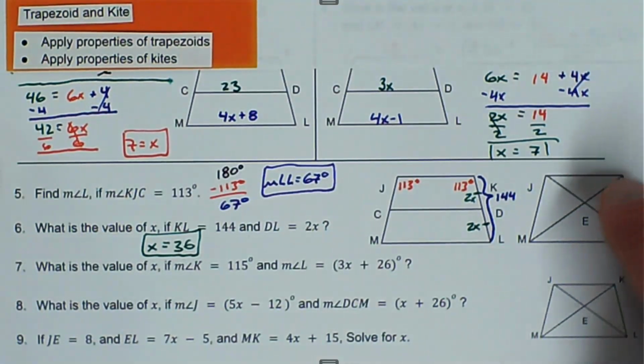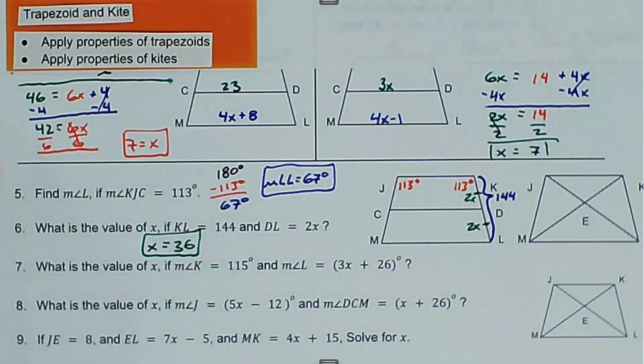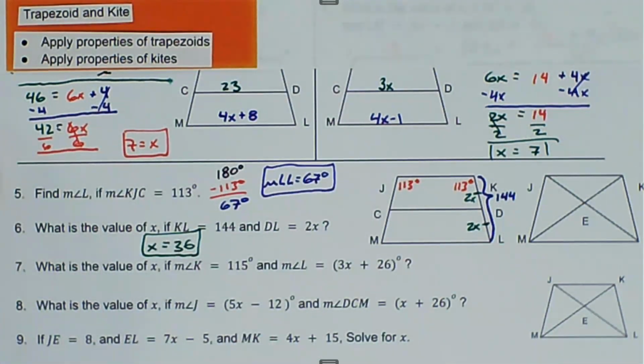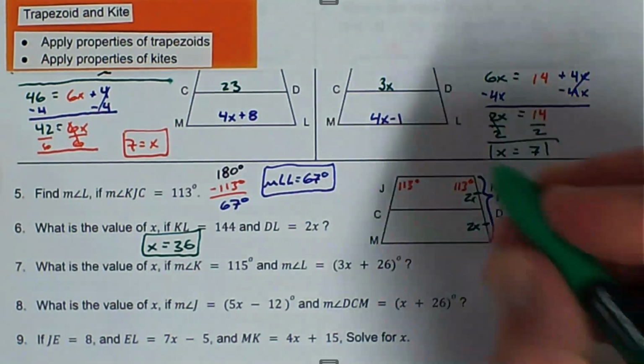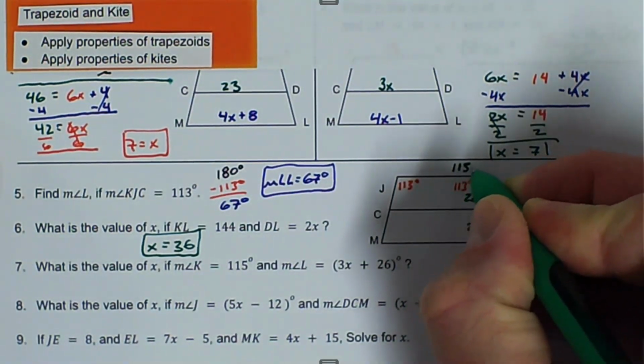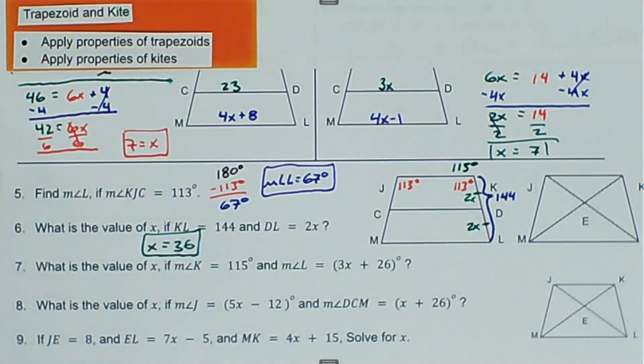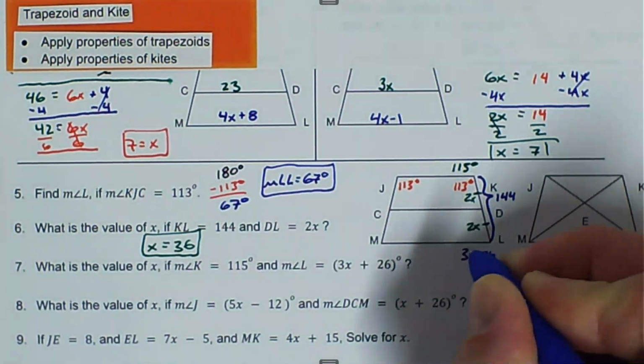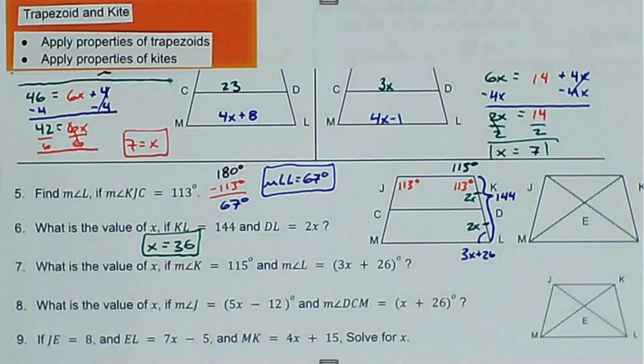So we have K and L, and we already have 113 written down there. So we are going to have to duplicate that because that's the only drawing that works for that one. The measure of angle K is 115, so we're changing this to 115 degrees. And the measure of angle L is 3x plus 26. So that's that angle right there.